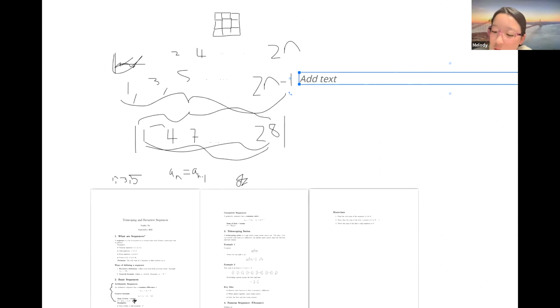And that's a1 plus a times r plus a times r to the power 2, and then plus all the way to a times r to the n minus 1.